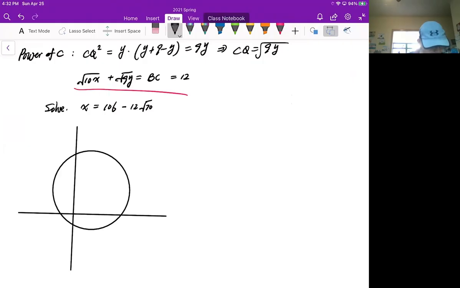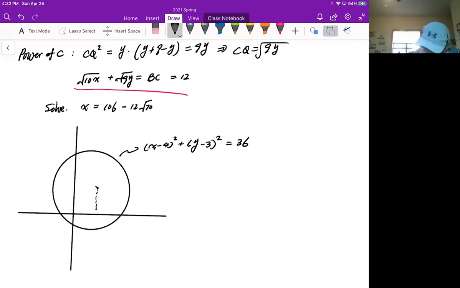All right, suppose this is a circle: x minus 4 squared plus y minus 3 squared is equal to 36. That means the center is somewhere here.